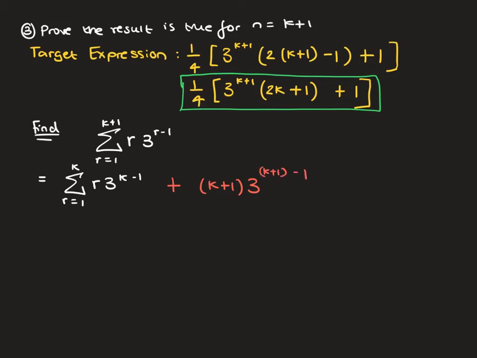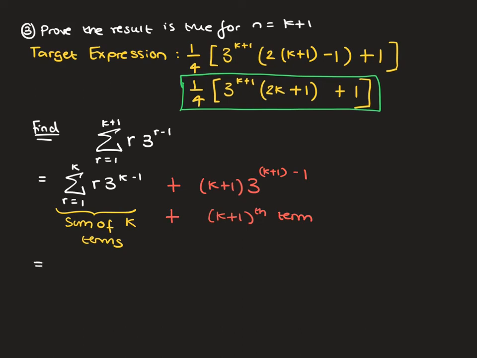Just check you understand exactly what's going on here. This part here, of course, is the sum of the first k terms. And what I'm trying to do is then add on the k plus 1th term to this.